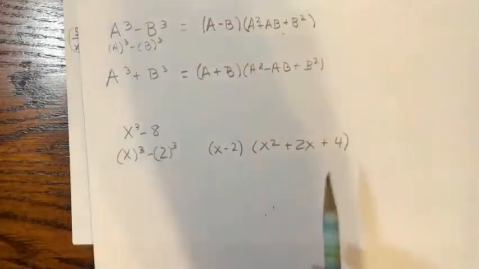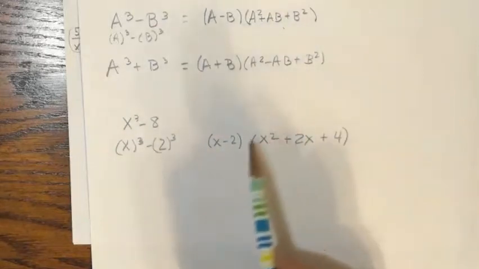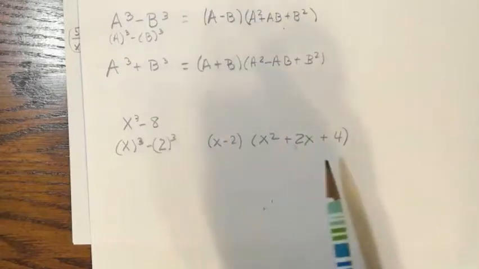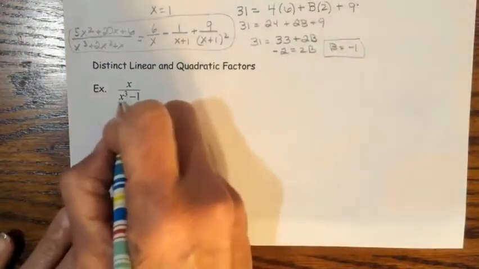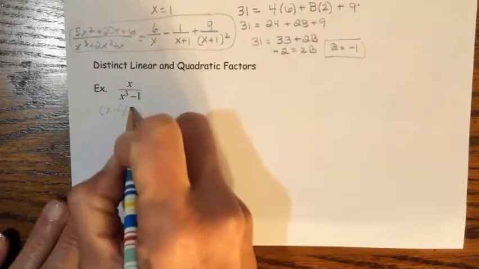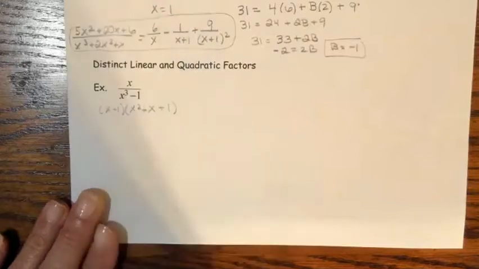And when you factor the difference of cubes, this trinomial will never factor. So don't ever have to worry about that factoring further. All right, so that's how you factor the difference and sums of cubes. So I have to factor this. So this is going to factor into x minus 1 times x squared plus x plus 1.